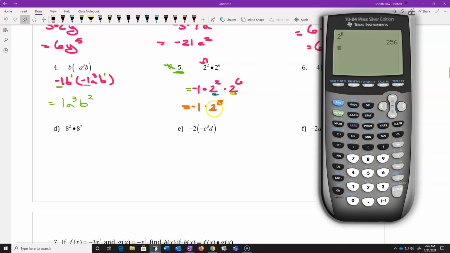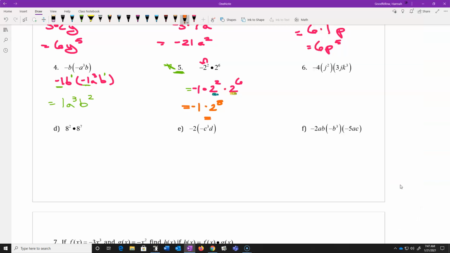But then ultimately that number 256 is going to be multiplied by negative 1, and you're going to get negative 256. And that would be your final answer here, negative 256. And if you ever have ones that are just numbers, your best answer is to evaluate it all the way down, okay, so that it's completed.